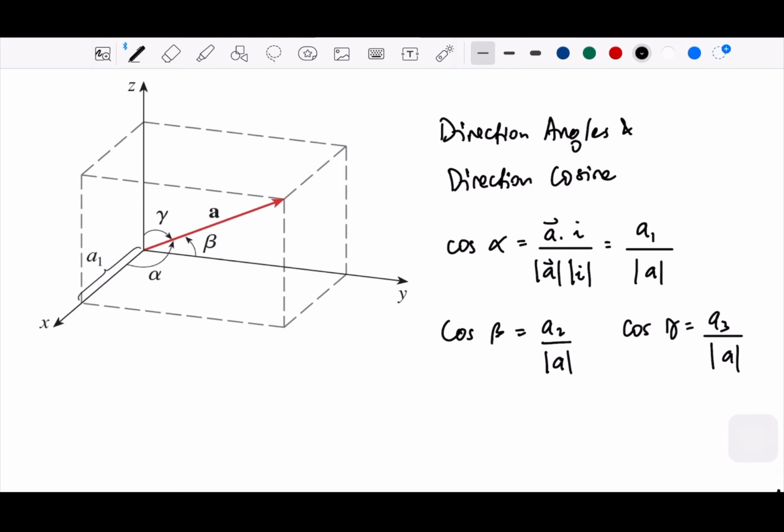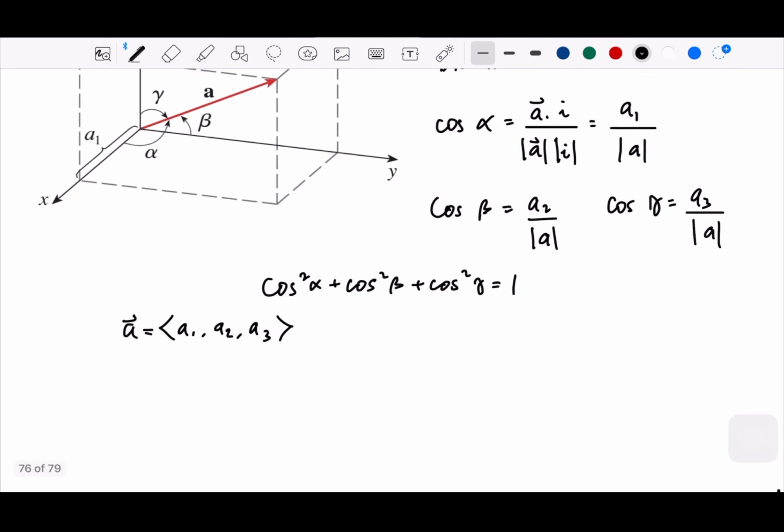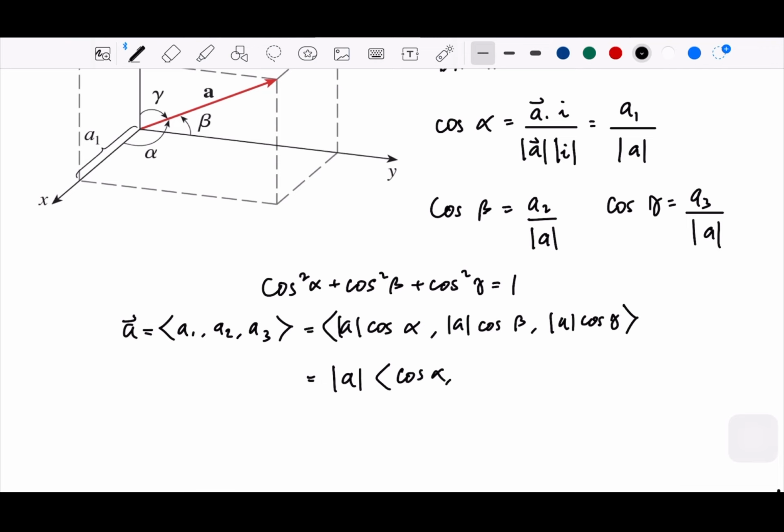Now we can see that if we square this cosine, and if we take A as these vectors and write it with cosine alpha, beta, and gamma, we can factorize A and just write down the cosines.